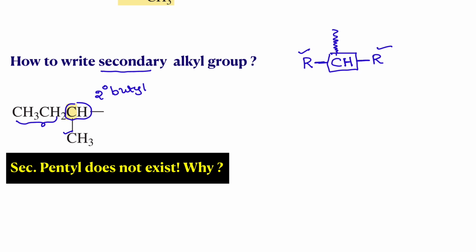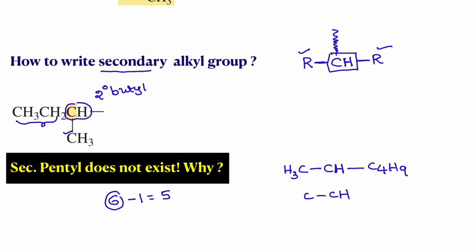Secondary hexyl also does not exist, because if you are writing secondary, it should be CH with 2 alkyl groups. Hexyl means 6 carbon atoms. Already one carbon is written there, so there must be 5. In that situation, you can take different distributions. This is CH3 and here it is C4H9.